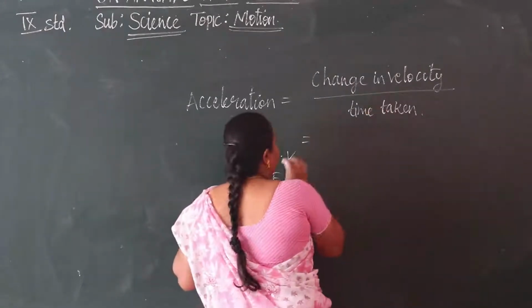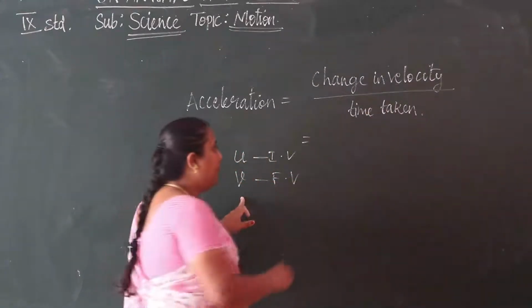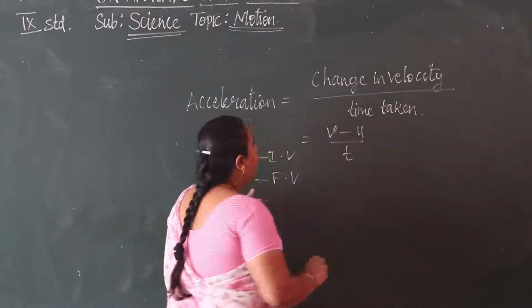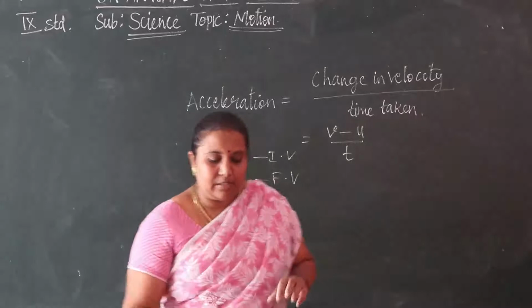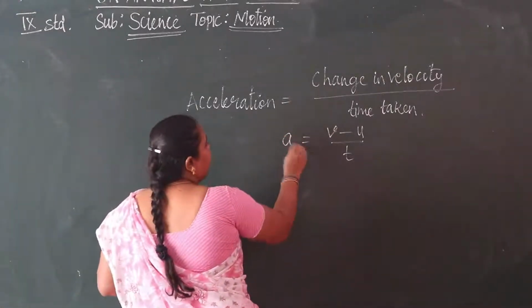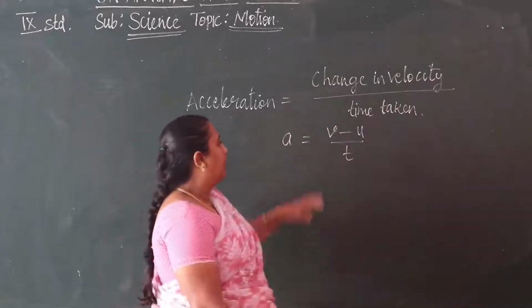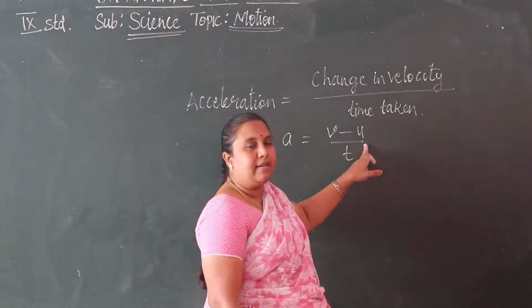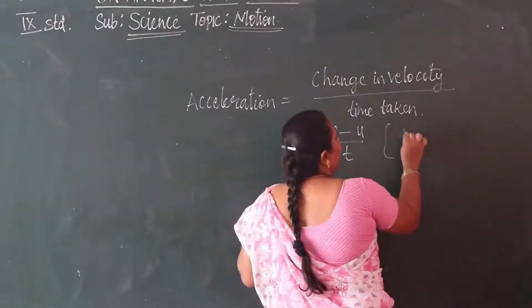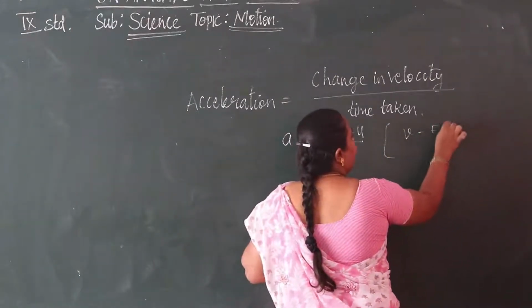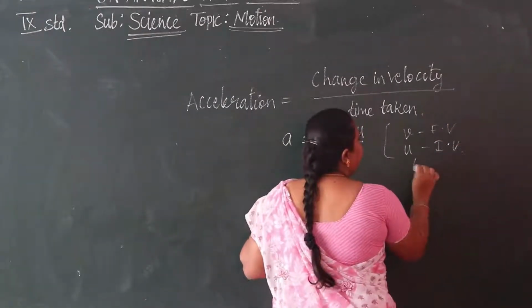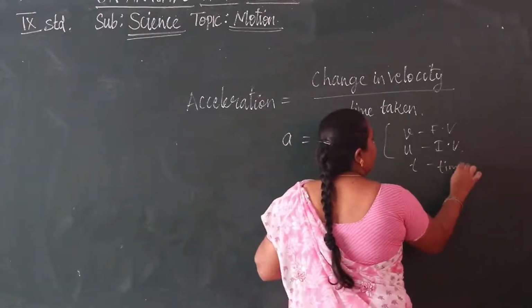Final velocity is v, so acceleration a equals v minus u by time taken, where v is final velocity, u is initial velocity and t is time taken.